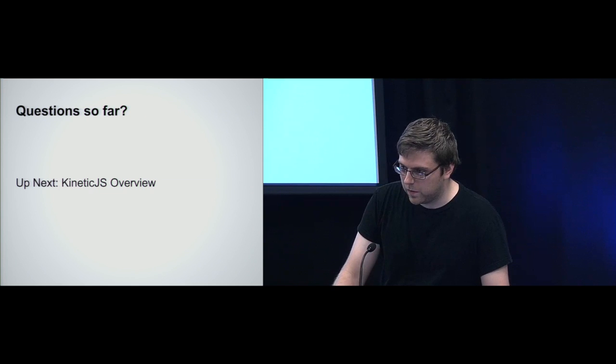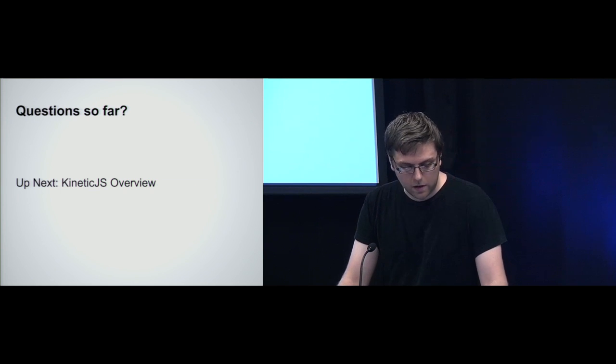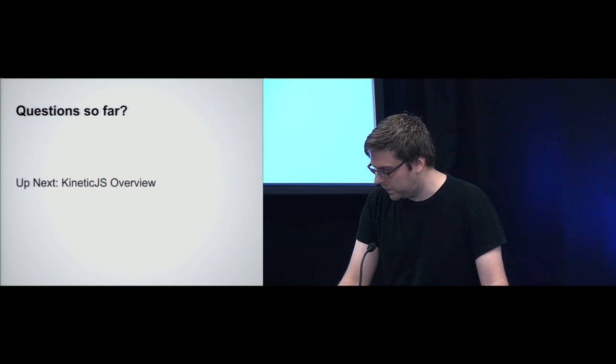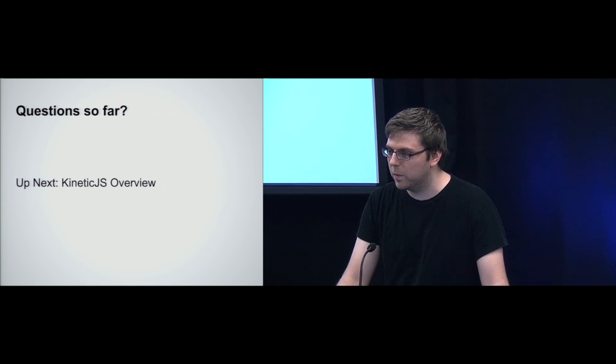So I believe the question was, what did I take into account to make sure that Kinetic.js runs well on a mobile device? Just trying to keep things as lightweight as possible and keeping things rendering as fast as possible. There's nothing specific that needed to be done to make Kinetic.js run well on a mobile device. It actually runs pretty well by default.